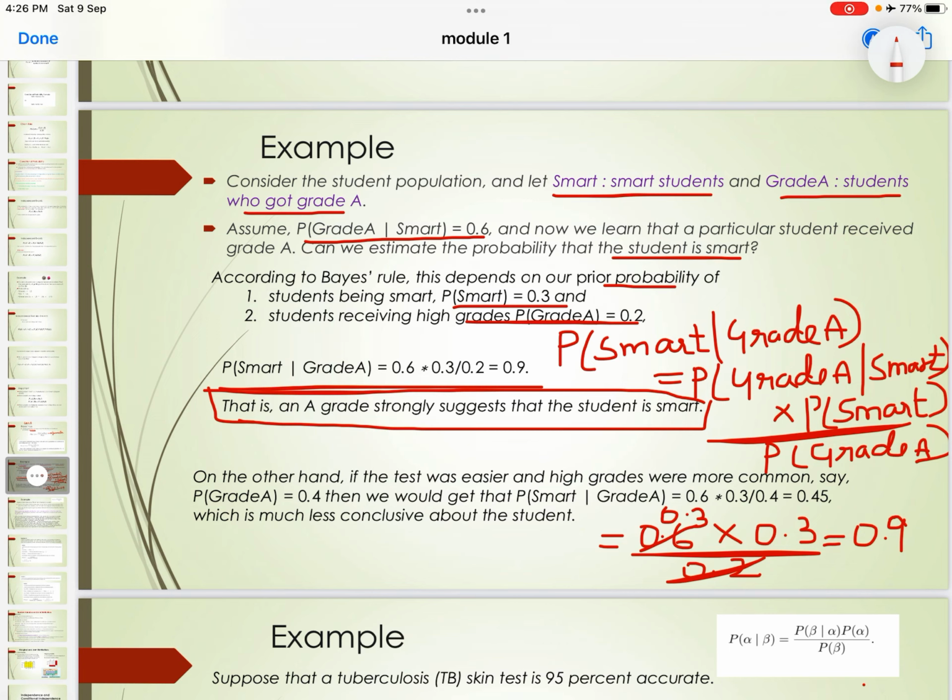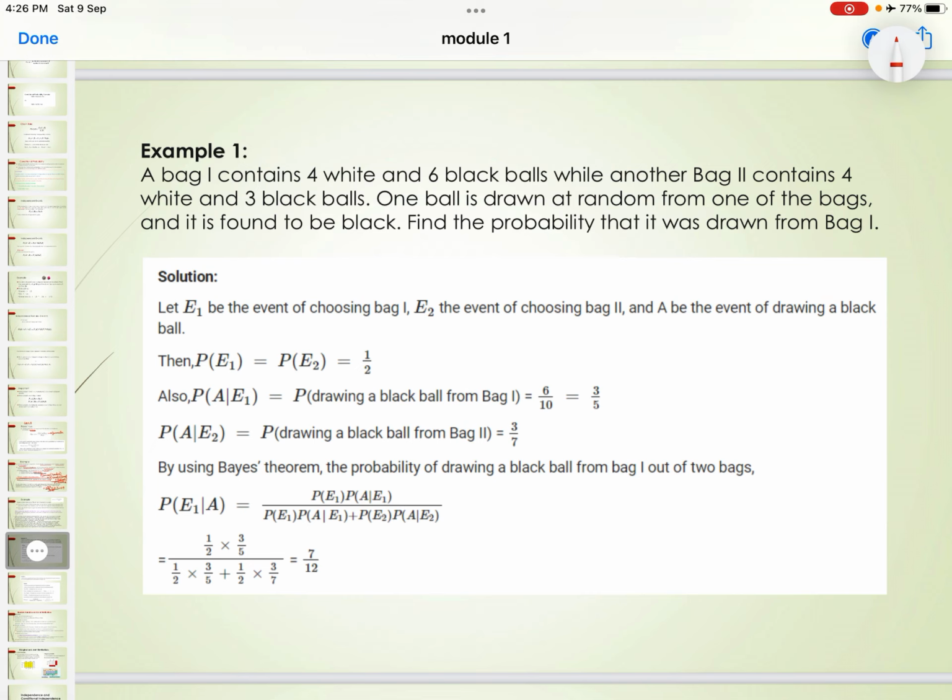Let's see the next example. A bag 1 contains 4 white and 6 black balls, while another bag 2 contains 4 white and 3 black balls. One ball is drawn at random from one of the bags and is found to be black. Find the probability that it was drawn from bag 1. So let's say E1 is the event of choosing bag 1, E2 is the event of choosing bag 2.